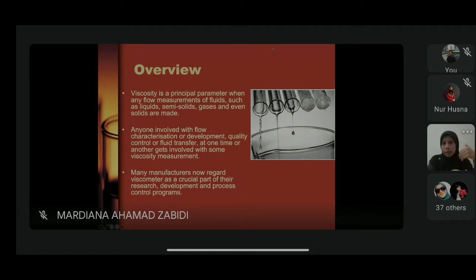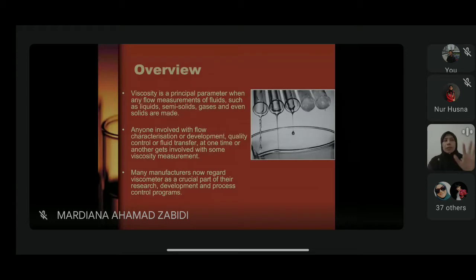All right. So whenever you are dealing with something relating to fluid flow, liquid, semi-solid, gas, then you need to have the knowledge for the measurement of viscosity as well as rheology. Basically viscosity and rheology are different. Viscosity is to measure whether that particular product is viscous or non-viscous.